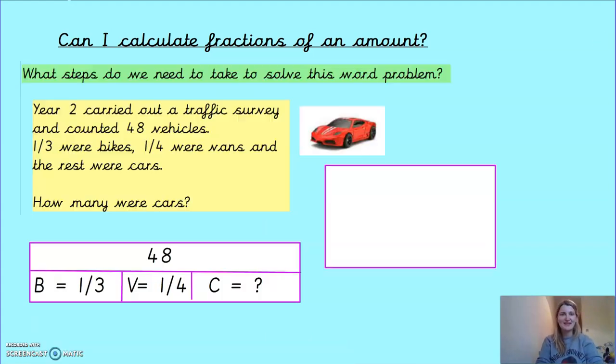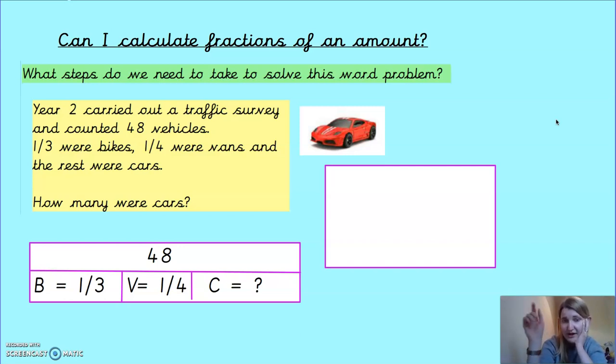Right, now this one, again, I'd really like for you to have a go at this as much as possible without me. What I'm going to do is read the question, show you my little bar model, and then I'll ask you to pause me and we can talk about our further steps. So, Year 2 carried out a traffic survey and they counted 48 vehicles. They were looking at what vehicles went down the road. A third were bikes, a quarter were vans, and the rest were cars.